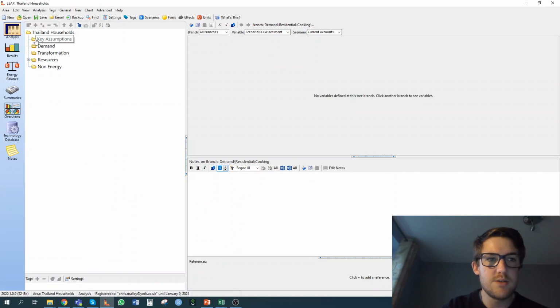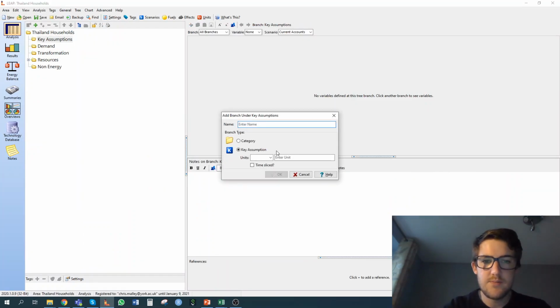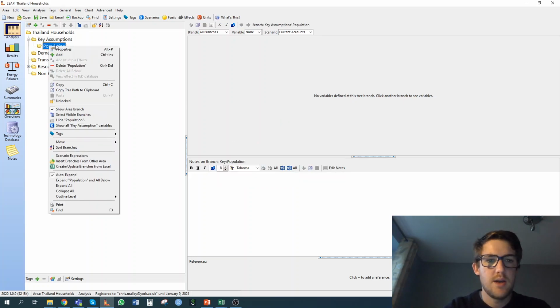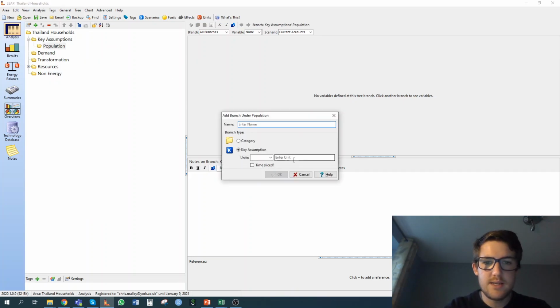So what I'm going to first do under key assumptions is click add, create a category called population, and I'm going to add a key assumption that says that is the total population for Thailand, and the unit is people.